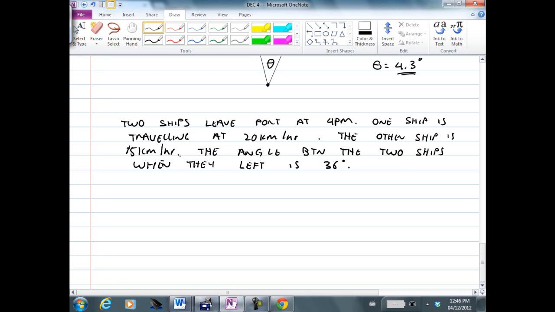So when the 2 ships left, that's where the angle is, that's where they were heading. Here is your question. How far are they from each other at 8 p.m.?